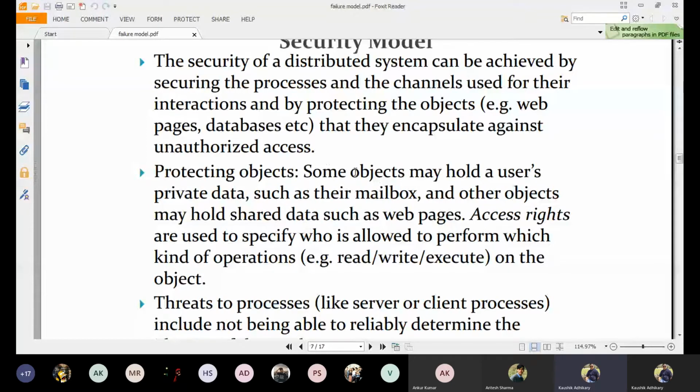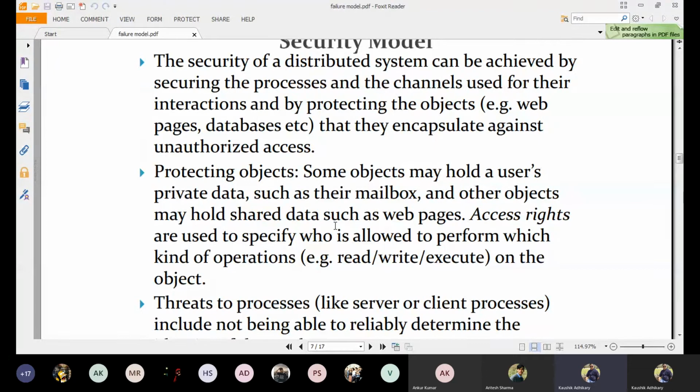Some objects may hold a user's private data, such as their mailboxes, and other objects may hold shared data, such as web pages. Access rights are used to specify who is allowed to perform which kind of operations, that is, read, write, or execute on the object.